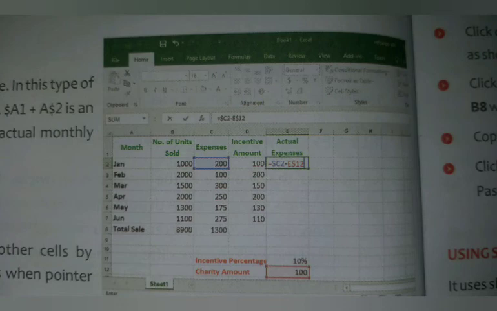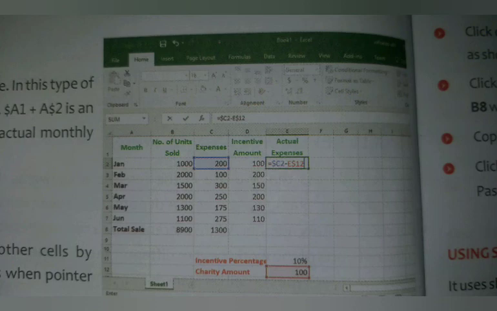Row 2 will be changed to row 3, then row 4, then row 5, but the column name is the same. So that's why we have used $C2 minus $E$12. Before E also we can use the dollar sign, because E12 has the value 100, it will be fixed. Then the formula will be $C2 minus $E$12.